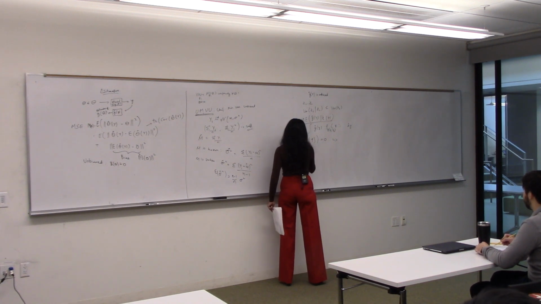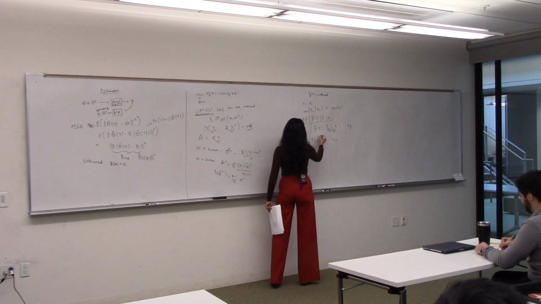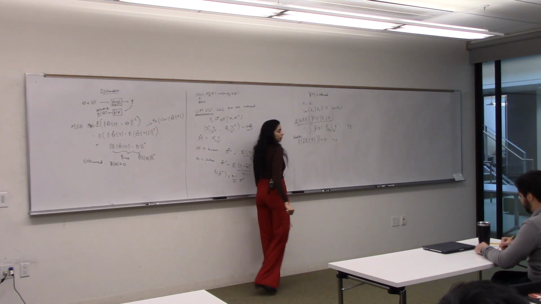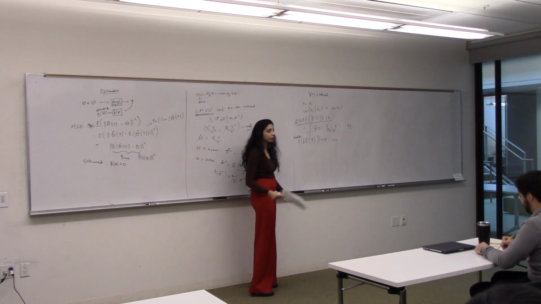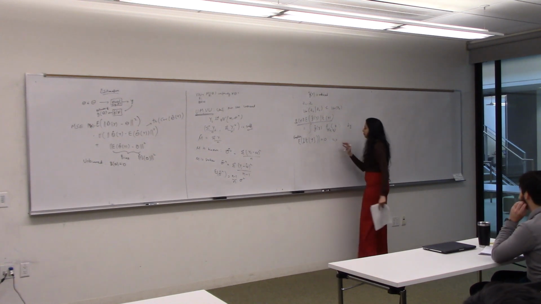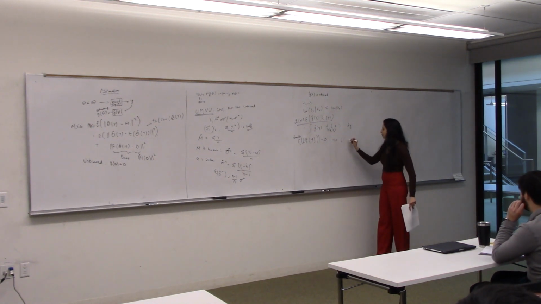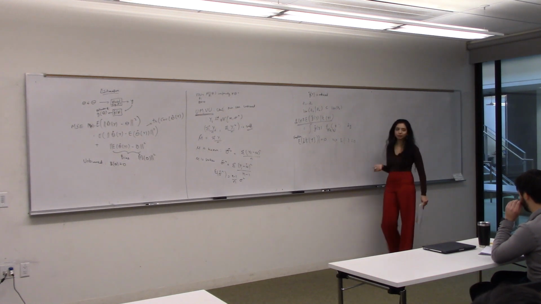So I'm going to take some function of my sufficient statistic and then look at its expectation. And let's say this expectation evaluates to 0, and this should imply that the function is 0 almost everywhere.